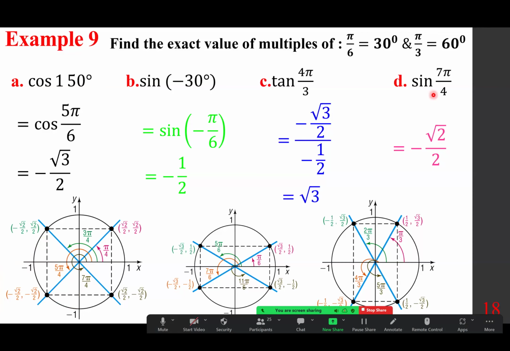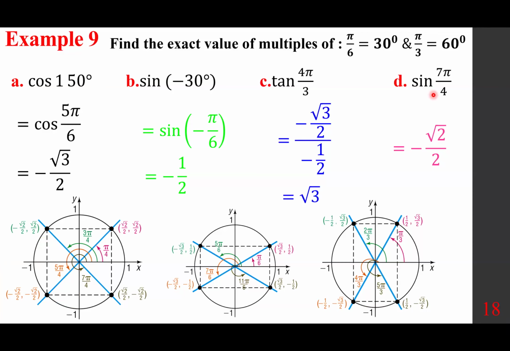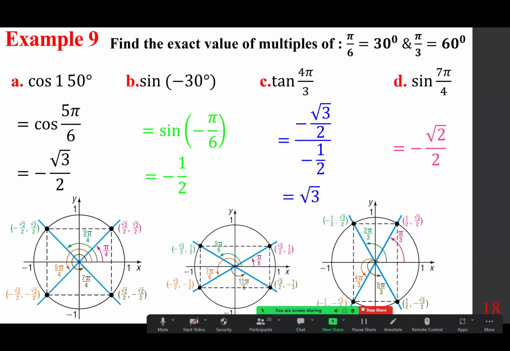So sine of 7 pi over 4 is minus square root of 2 over 2. Seven pi over 4 is plus square root of 2 over 2. My apologies, because it's actually in the fourth quadrant.